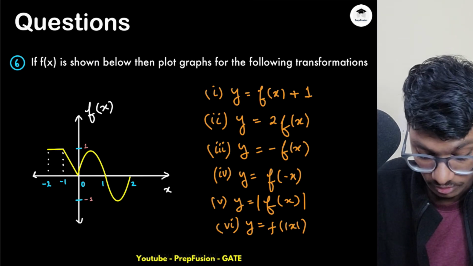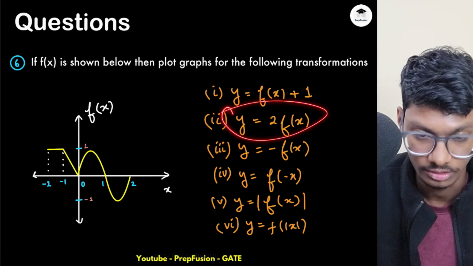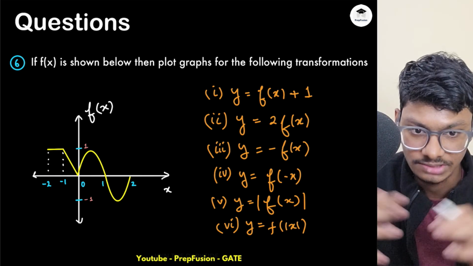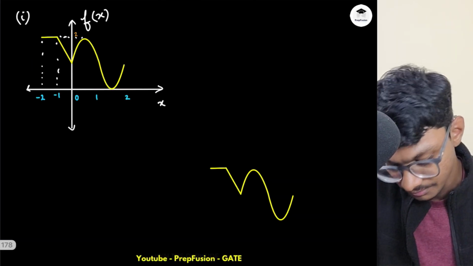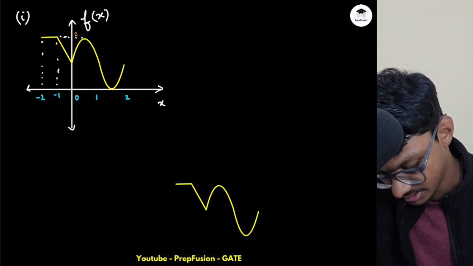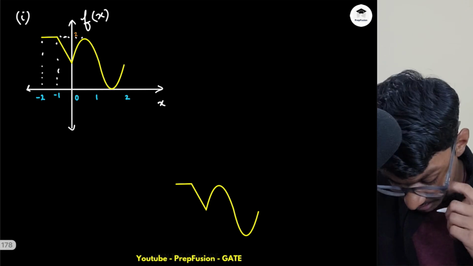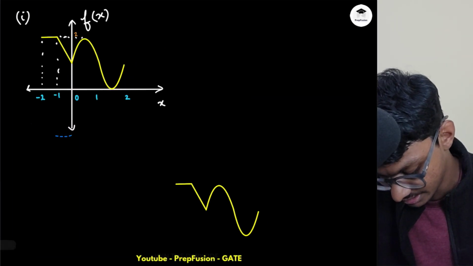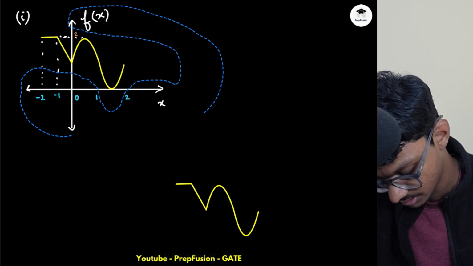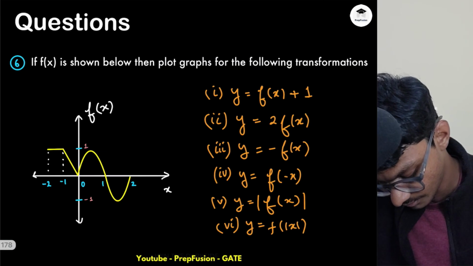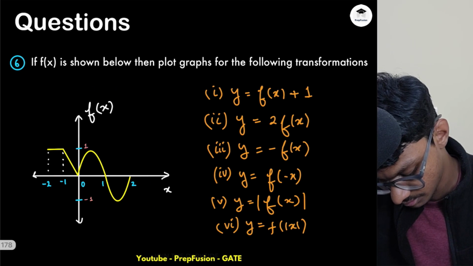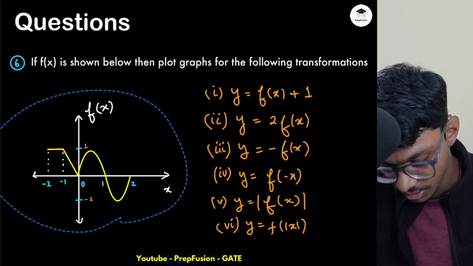Now coming to this, this is y equals 2f of x. So if y is equal to f of x, then we are scaling this, expanding this. Let me paste this over here and copy the whole graph.